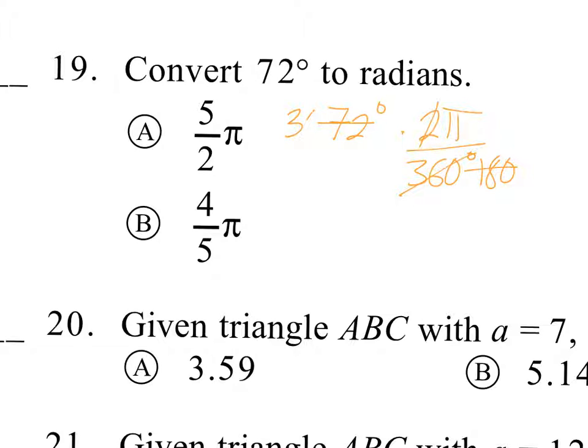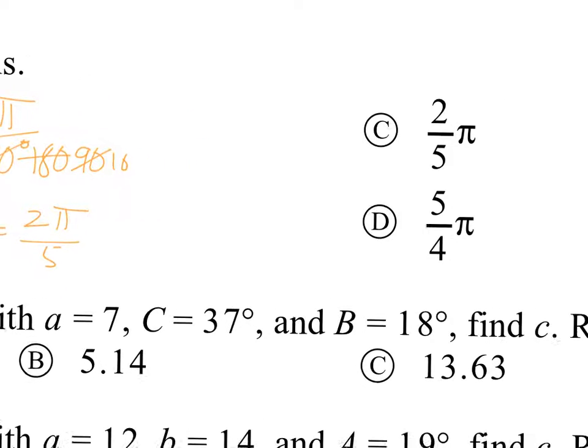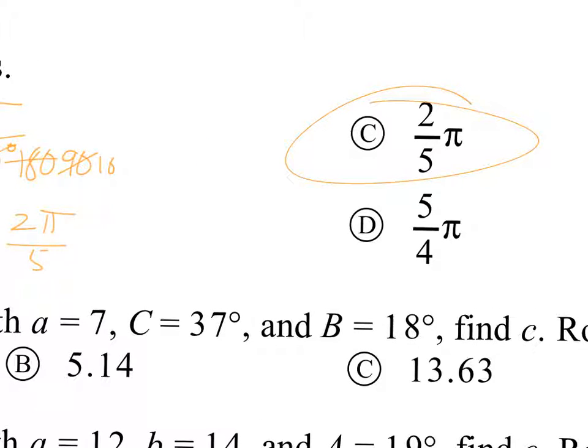That's going to be 36, and 180 divided by 2 is 90. I could go by 9 this time, and I've got 4 left, and I've got 10. So I'm just going to rewrite this now. I'm getting confused. So we get 4 times pi over 10. I can reduce that to 2 pi over 5. And that's going to be answer choice C.